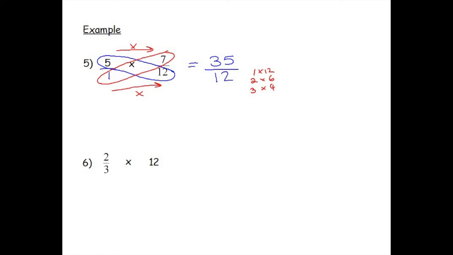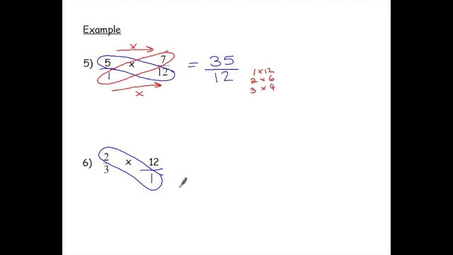Okay, so the next example is similar to the one above it. So we have 2/3 multiplied by 12. Now here, there's nothing underneath the 12, or it's not a fraction, so we could call it, or put it over 1. So if we circle the top and bottom again, what goes into 2 that goes into 1?